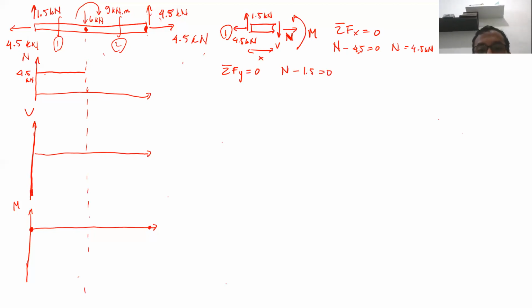Sorry, not N, V. So V there is supposed to be 1.5 kilonewton positive. Now I can draw there. This is 1.5 kilonewton positive.